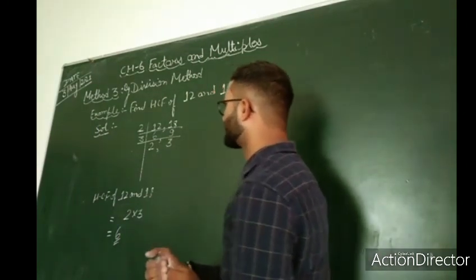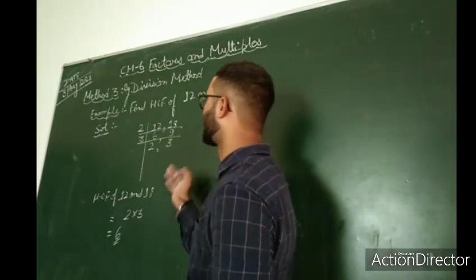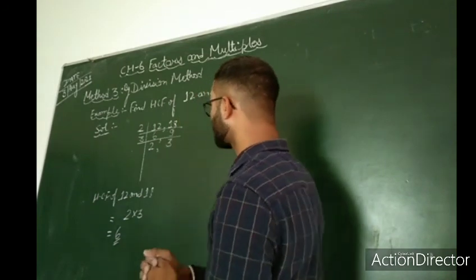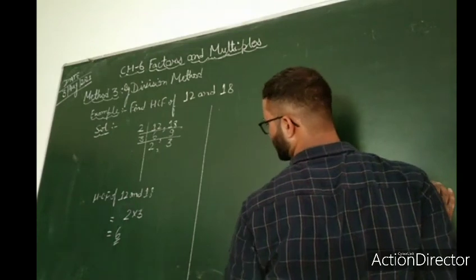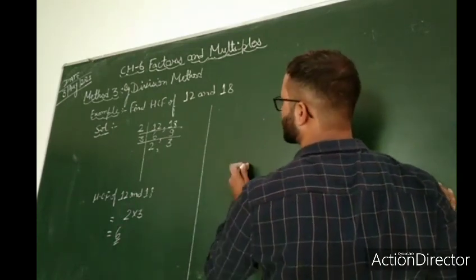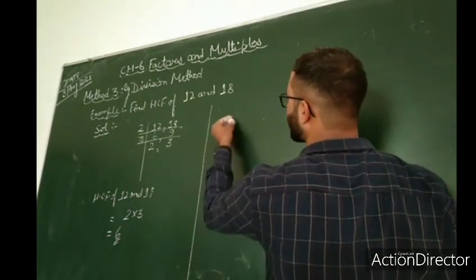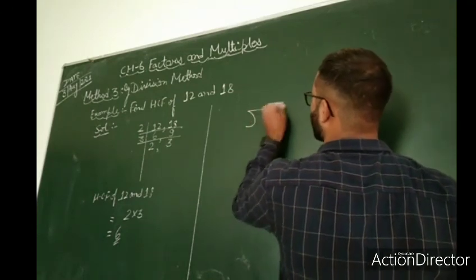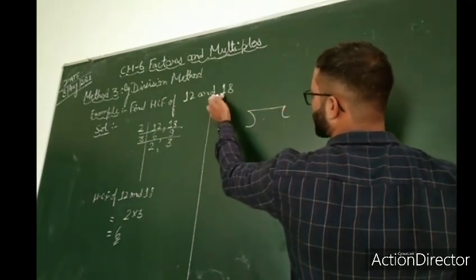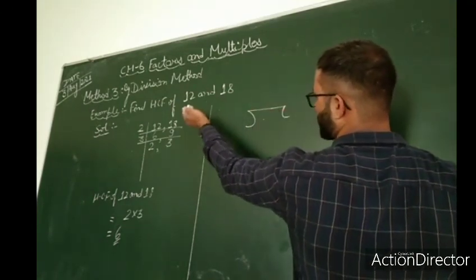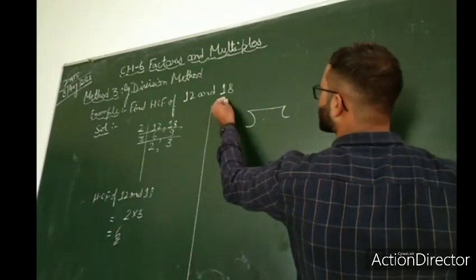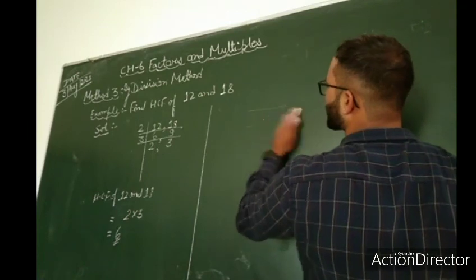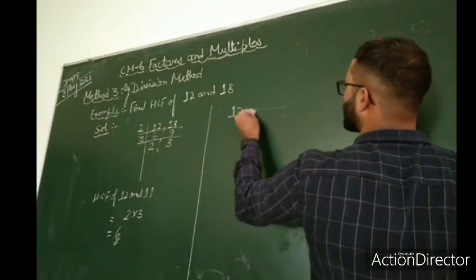So dear students, by using all three methods we find the GCF of the given numbers. And there is also another division method which we use to find the GCF of large numbers. What we do here? Here we take the larger number as the dividend and the smaller number as the divisor. So here we have 12 and 18.